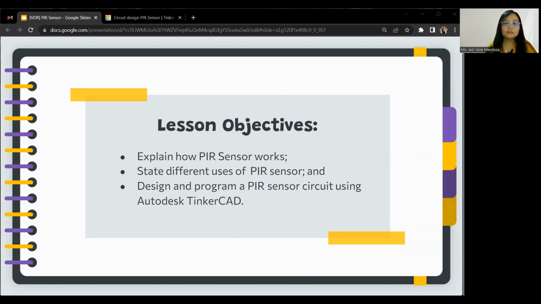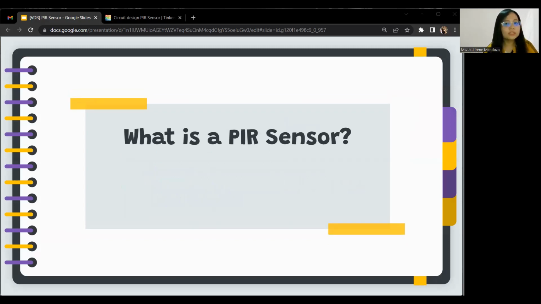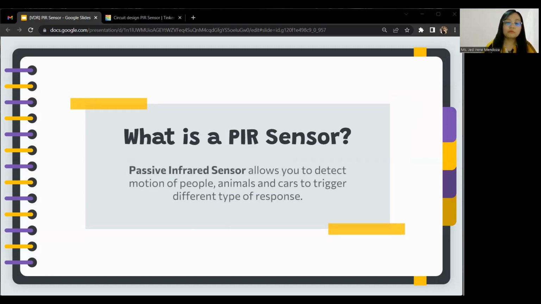Now to start, first question, what is a PIR sensor? Anybody? Thank you. So according to this, a passive infrared sensor or PIR sensor allows you to detect motion of people, animals, and cars to trigger different types of response.